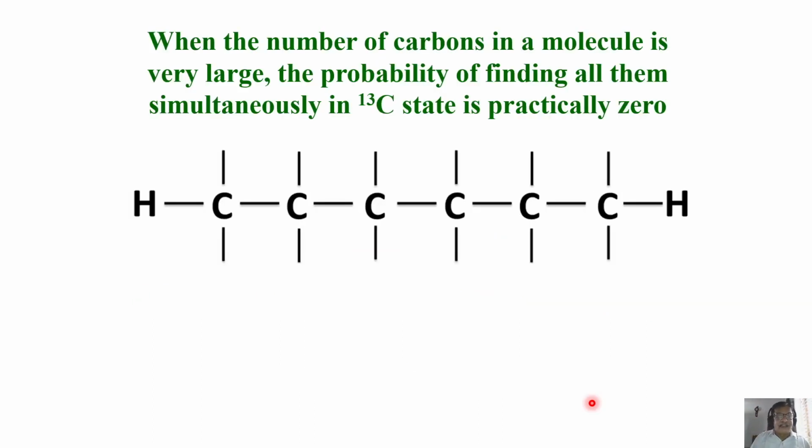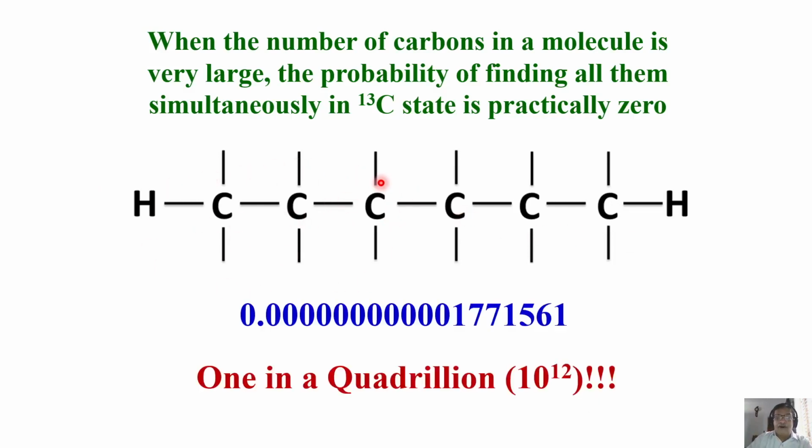Extend the logic. In some molecules, you come across several carbons in a chain. In a polymer, you have a lot of carbons in a chain like this. I have taken an example of 6 carbons because up to 3 we know 1 in a million, and now another 1 in a million. So 1 in 10 to the power of 12, 1 in a trillion. The probability of all 6 carbons being present in the carbon 13 state is 1 in a trillion.